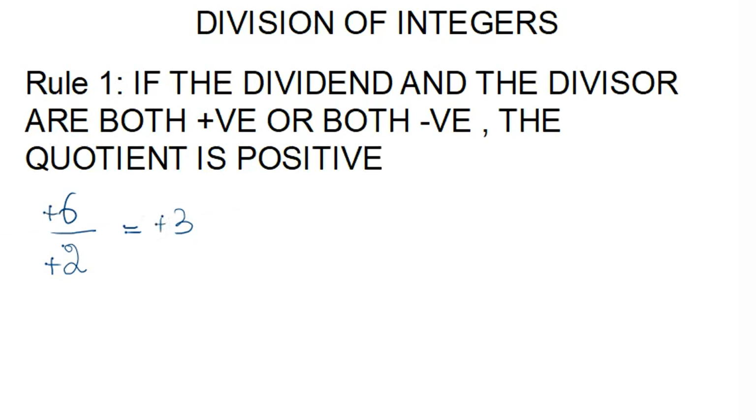Suppose if it is going to be minus 6 by minus 2, then how will I write? I will be writing that as plus 3. Why? Because they have told, even if both your divisor and dividend are going to be negative, your quotient is nothing but a positive quotient. That is what is told in the rule, right?